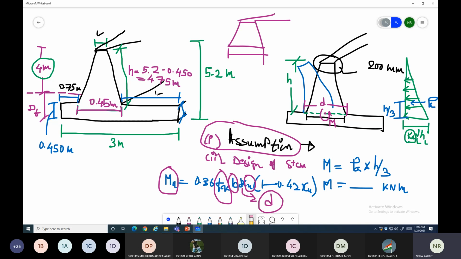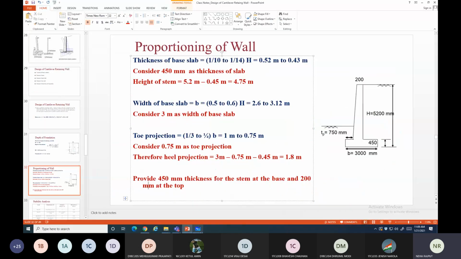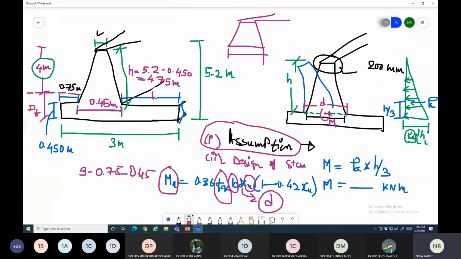Here I will get the dimension of the heel. What will the heel dimension be? 3 minus 0.75 of the toe minus 0.45 of the stem, so the heel dimension is 1.8 meter. So here I got 1.8 meter for the heel, and here I have assumed 200 mm. So now I have all the dimensions of my proportioning wall, and after this I can go with the stability analysis.